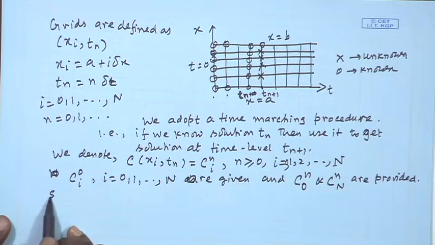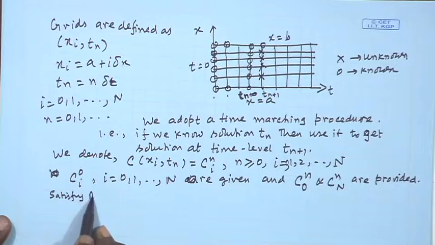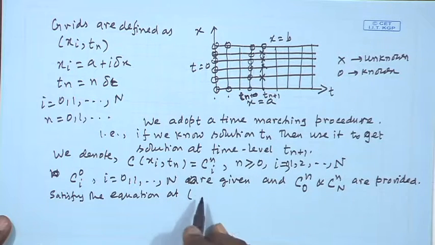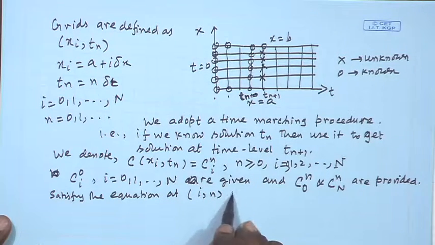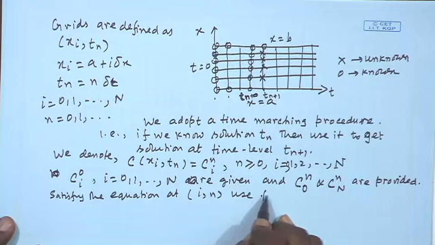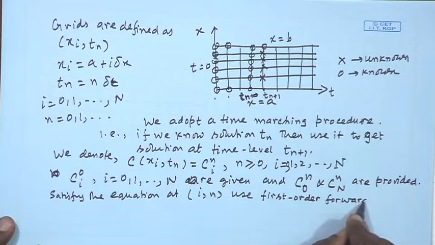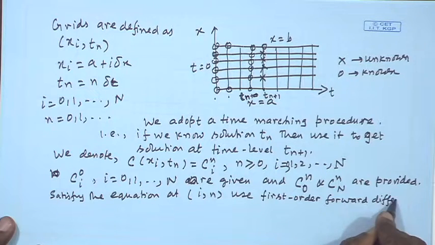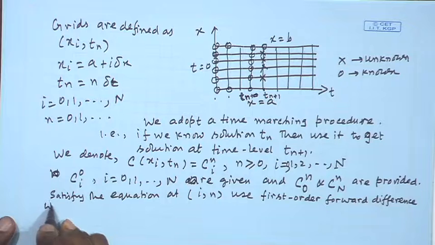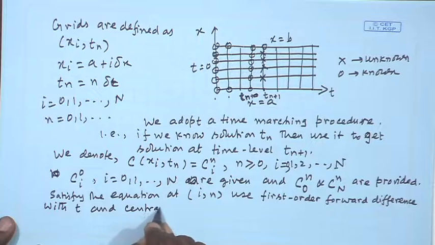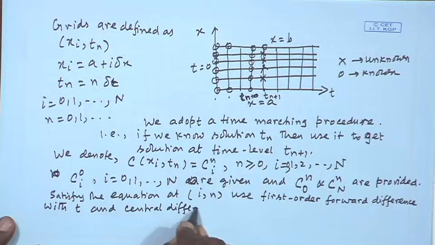So if we satisfy the equation at the grid point, say i, use first order forward difference with respect to T and central difference with respect to x.